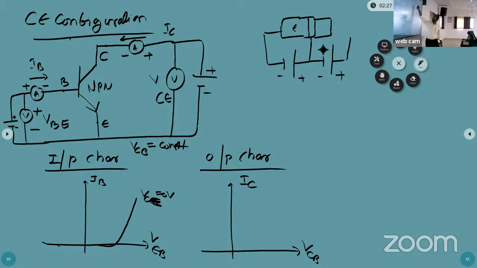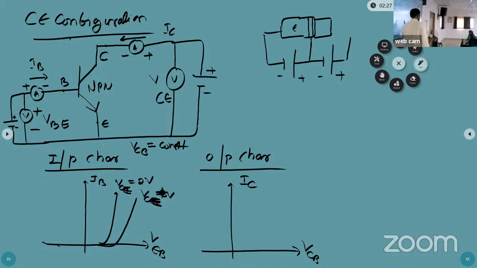By increasing this reverse voltage, the base width will decrease. The input characteristics of common base and common emitter are the same.